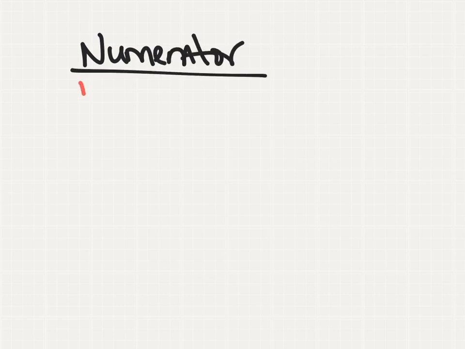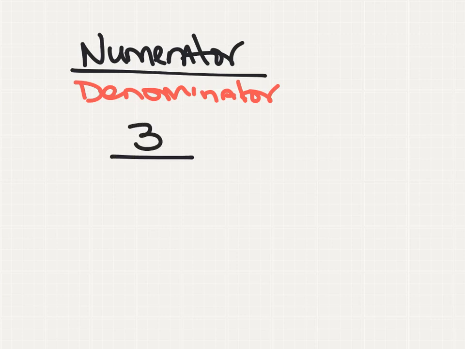Let's go ahead and recap this lesson. So we know that a fraction has a numerator over a denominator. We also know that in a proper fraction, the numerator is less than the denominator.